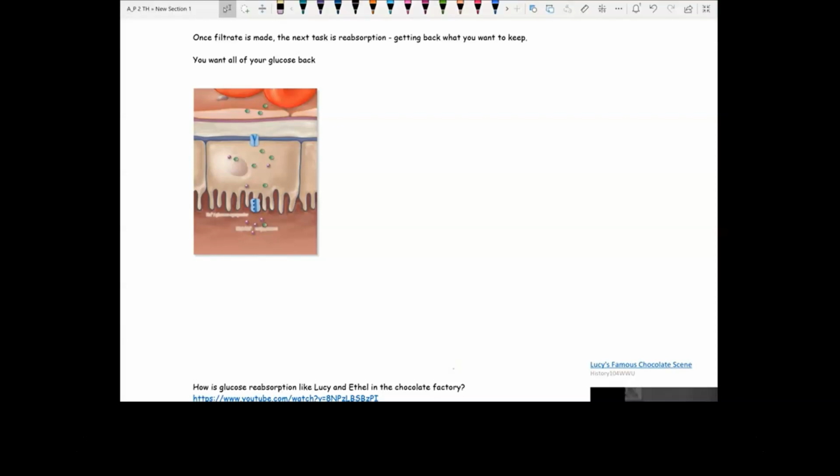So now you know all about filtrate, that small molecules leave the glomerulus. During that initial sorting, you're not sorting out by molecules you want to keep and molecules you want to get rid of. You're sorting by size.